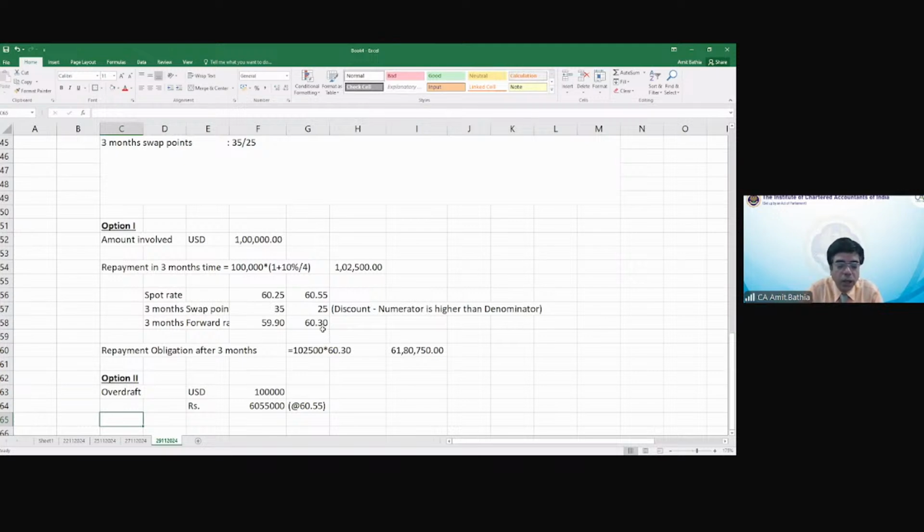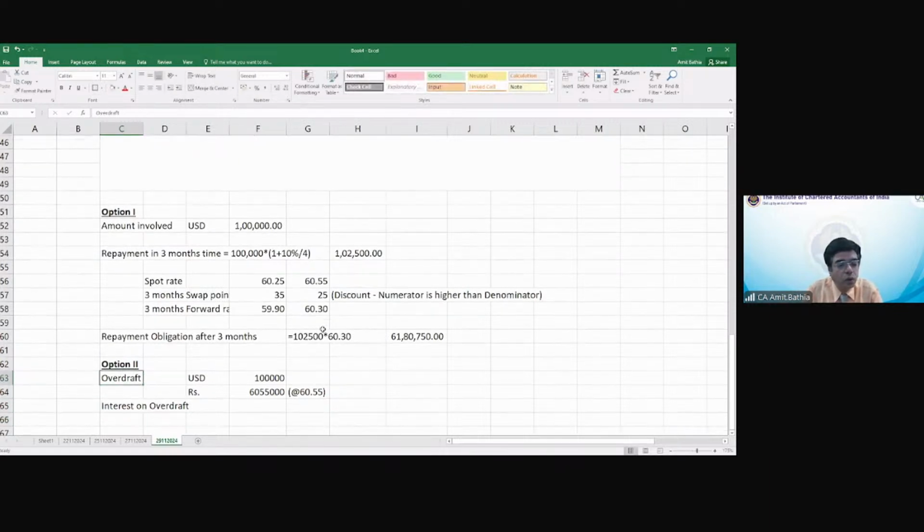Now I need to pay interest on it. So let us add the interest on the overdraft. The overdraft was at what percentage? 14% per annum. Now remember, interest is always per annum. In case of futures over here, we always have interest which is per annum.